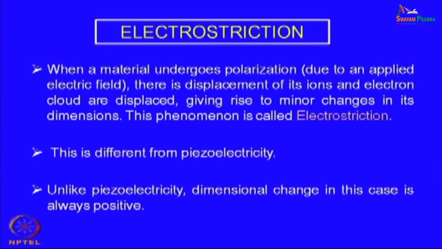And this electrostrictive property is quite predominant in relaxor ferroelectrics like lead magnesium niobate kind of materials. Although it is a little different from piezoelectricity, this property can also be made use of in some cases. So, this is different from piezoelectricity, and it is also not a reversible process.